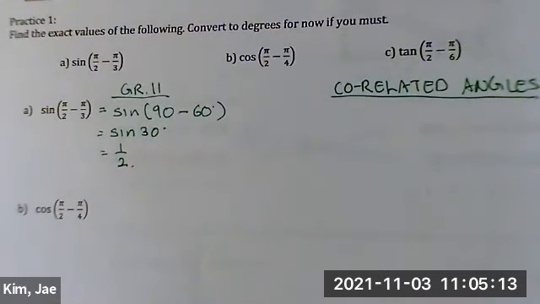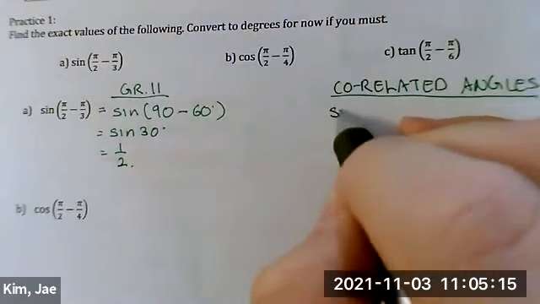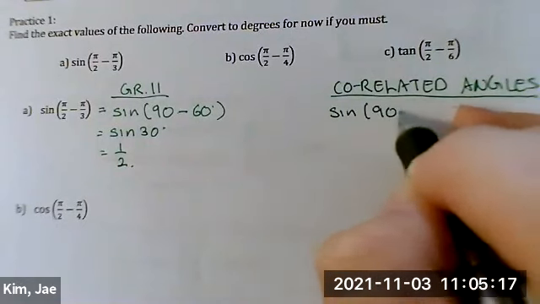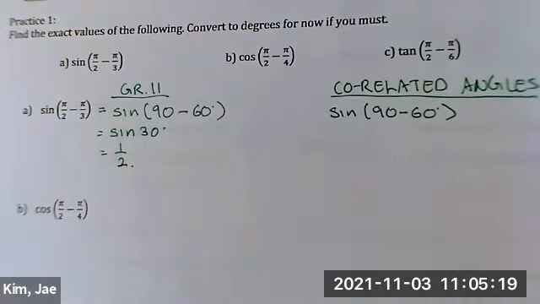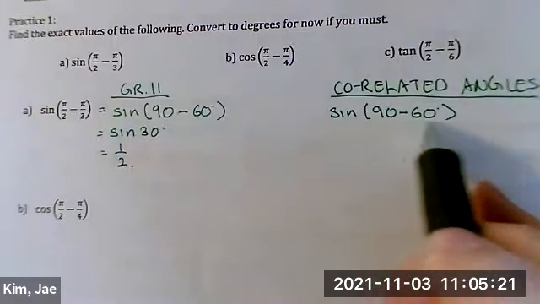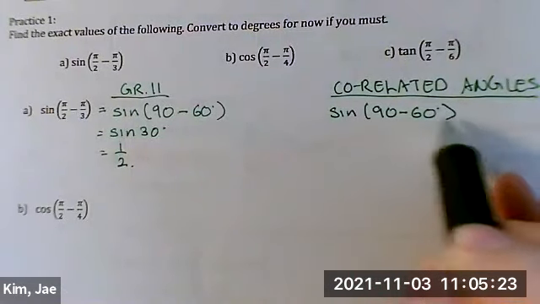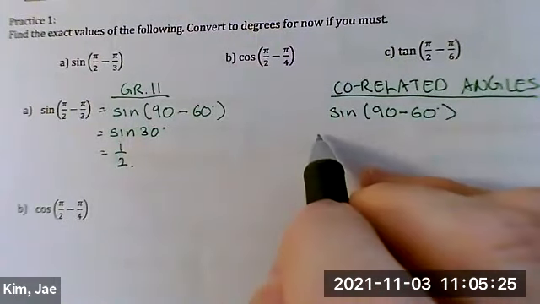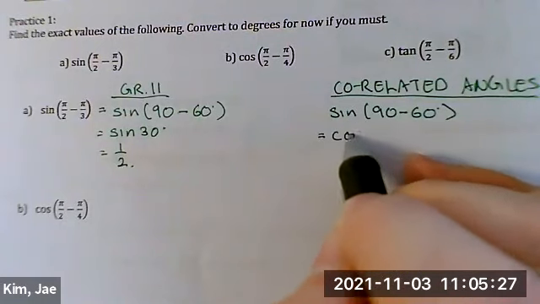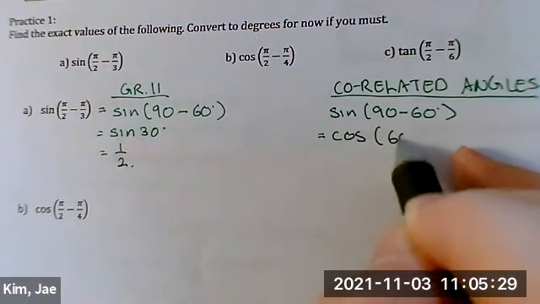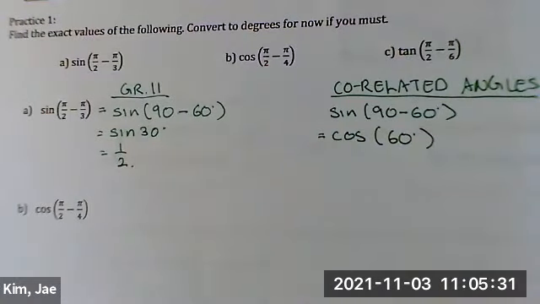Correlated angles: sine of 90 minus 60. Noticing that it is a difference of 60, we can rewrite this as cosine of just 60.